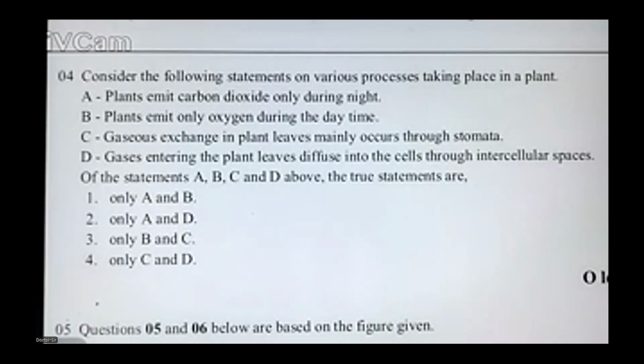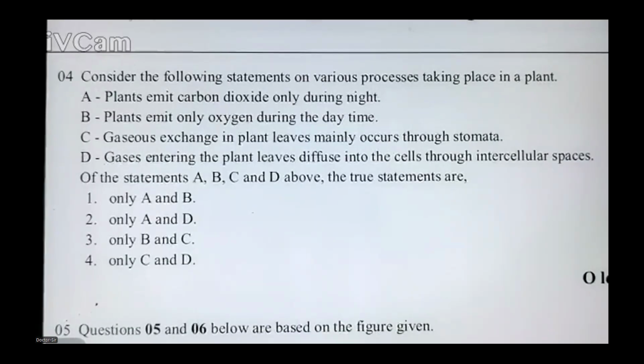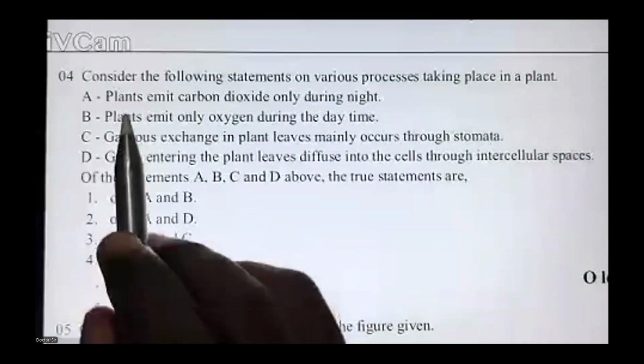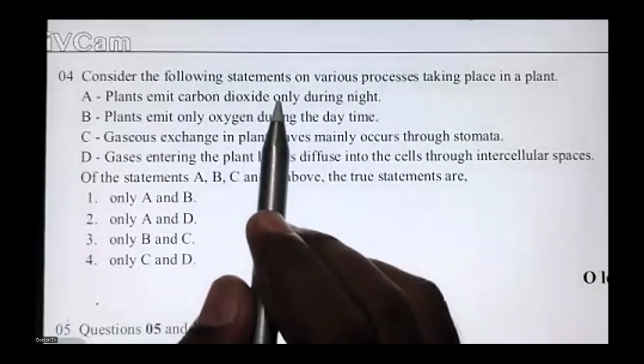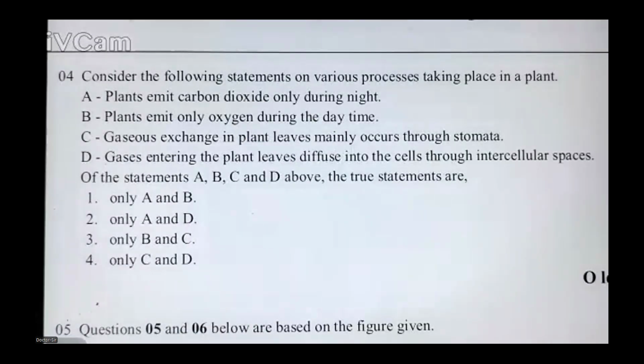How many of you are telling A is the correct answer? How many of you are telling A? Statement A is correct. Is that correct or wrong?